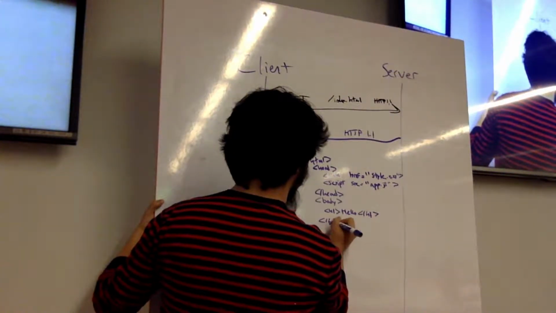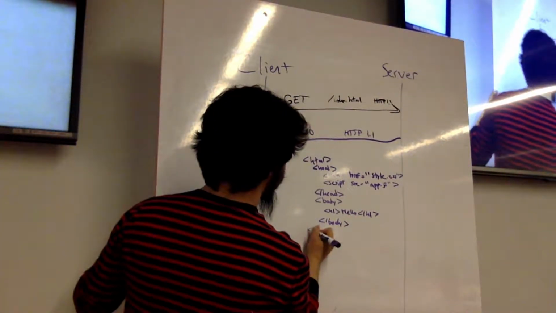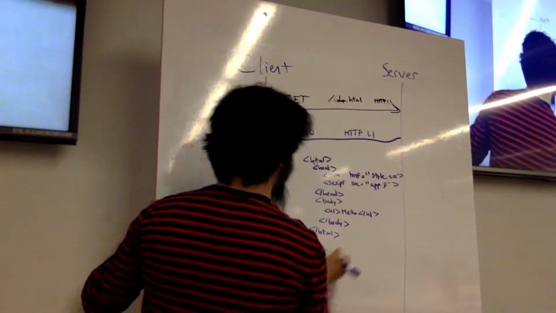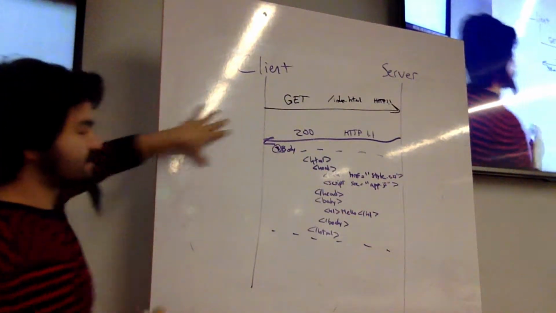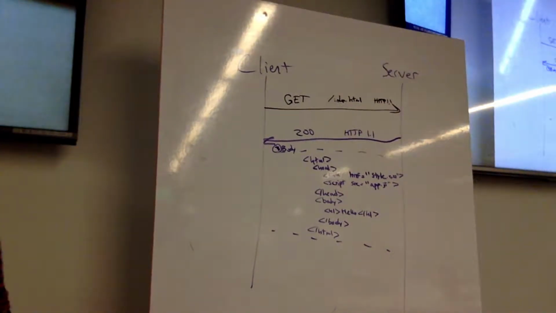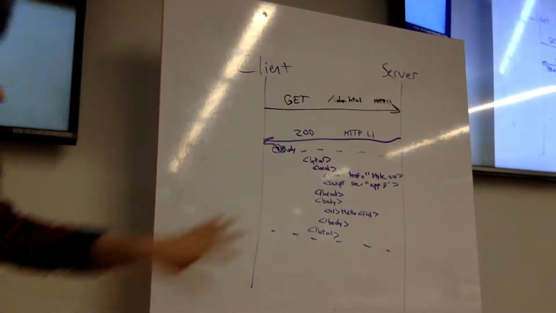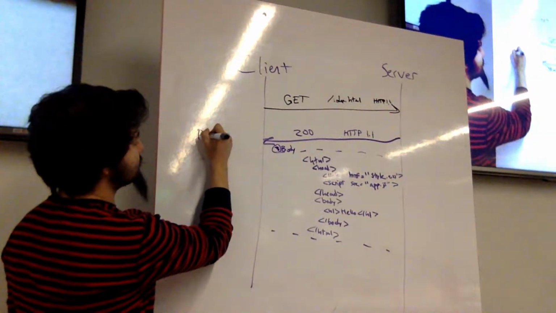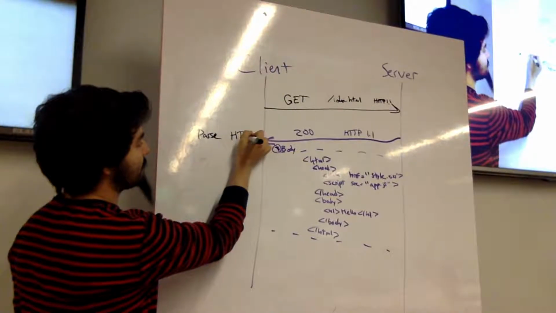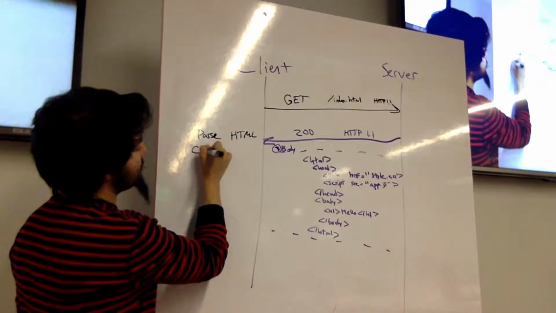Close our body. Close our HTML. This is the body of the request that's coming back to the client. So when the browser gets this body, it parses it and turns it into the DOM. So parse HTML, create DOM.